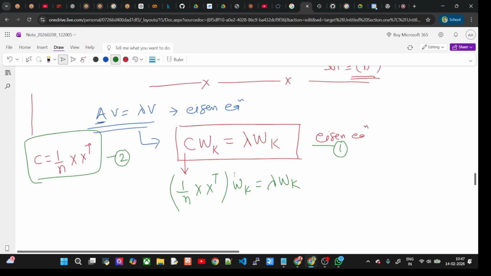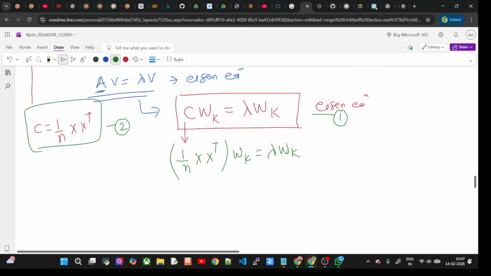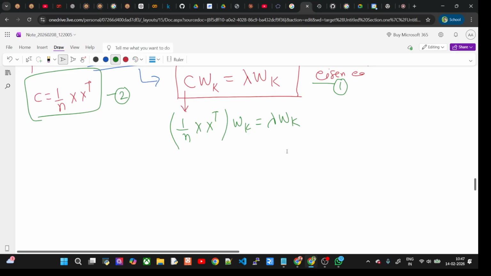Next point, I'm just rearranging this equation, because if you miss this track then you will not understand what he is doing. I'm bringing lambda here: wk equals 1 over n, X into X transpose, divided by n lambda, with this n already here and this lambda here.